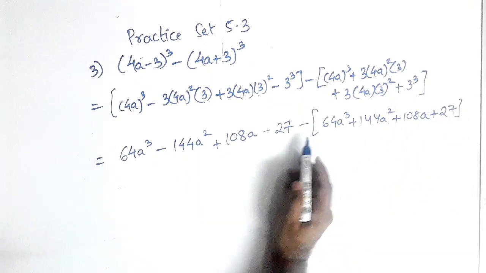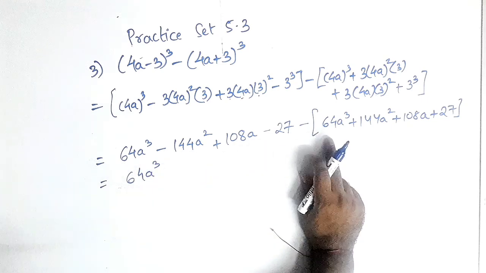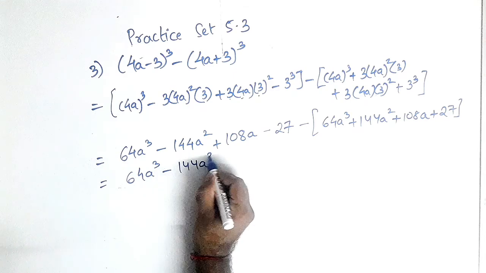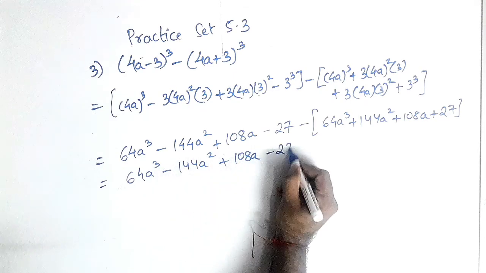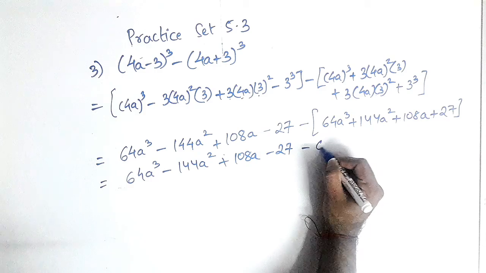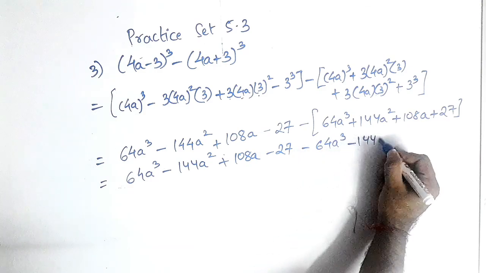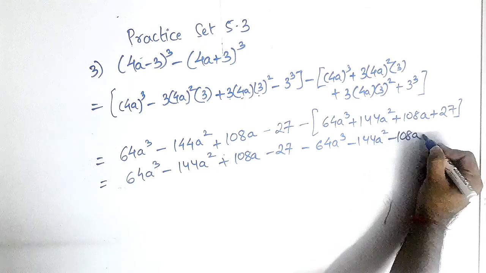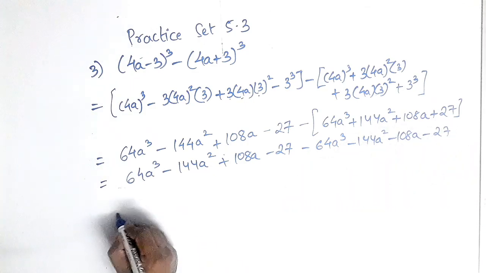Now as you have minus sign before the bracket, so every sign of this bracket will get changed, rest everything will copy down. Minus 64a cube minus 144a square minus 108a minus 27. All the signs will get opposite.